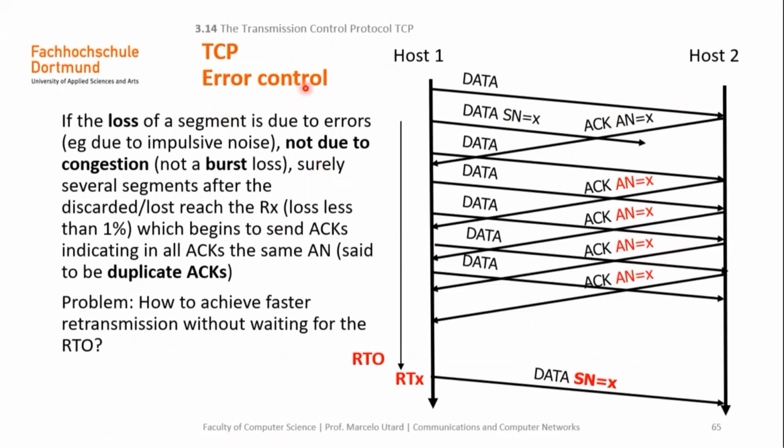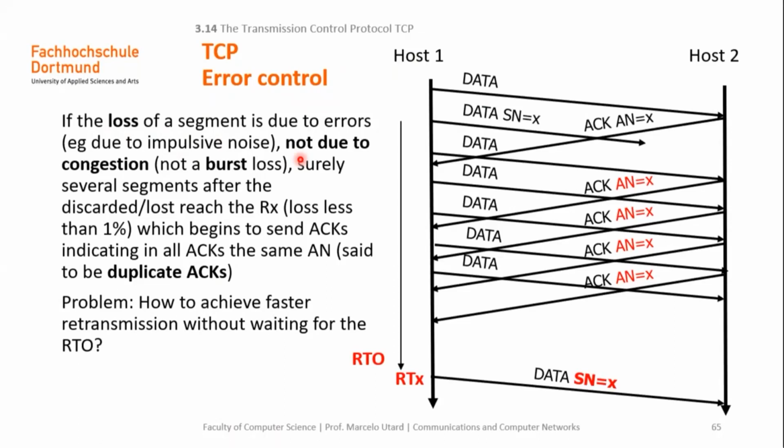Remember, we have this error control. In this error control, if the loss of a segment is due to errors, for example, due to impulsive noise, not due to congestion, not a burst loss. When a severe congestion happens, typically several packets or segments are dropped.